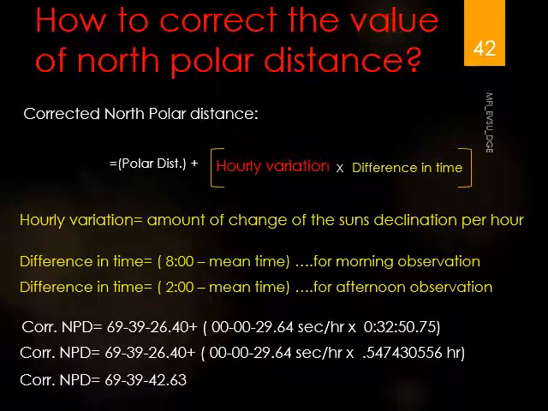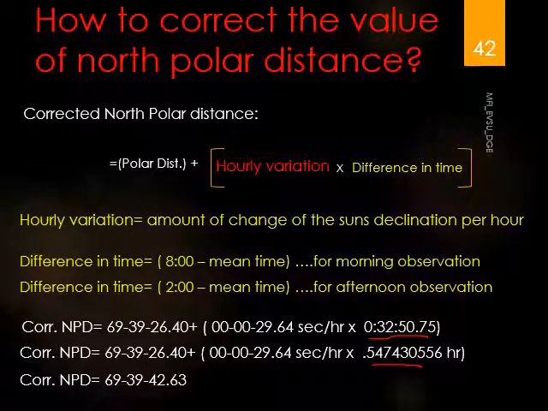Therefore, for your corrected NPD, yung ating difference in time should be in hours. Kailangan natin siya i-convert in hours. Yung 32 minutes, 50.75 seconds is equivalent to 0.5474 hour, just to cancel out the hour. So, the remaining will be in seconds. So, the corrected NPD is 69:39:42.63. Okay?